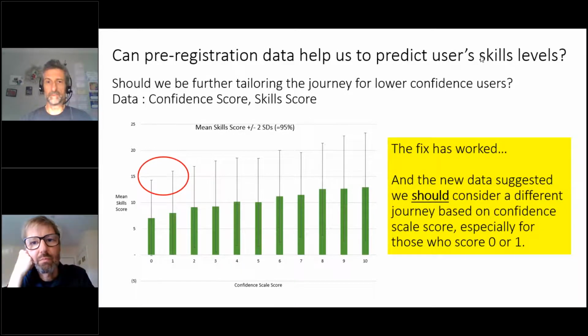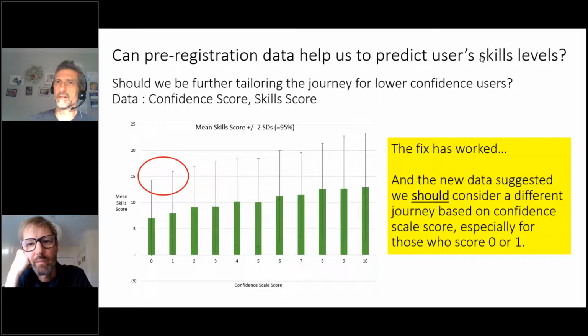There's one particular example that springs to mind. 2-3 years ago, we used to ask a lot more questions pre-registration. We used to ask a lot of demographic data: what gender, what age group, what region of the country.